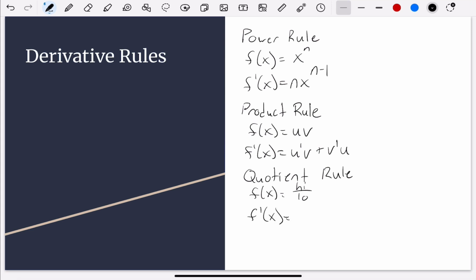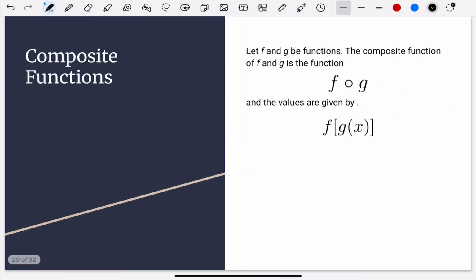Then the derivative is low times the derivative of the high minus high times the derivative of the low all over low squared. Okay, so these are our three basic derivative rules that we have, and we're just going to introduce one more derivative rule.